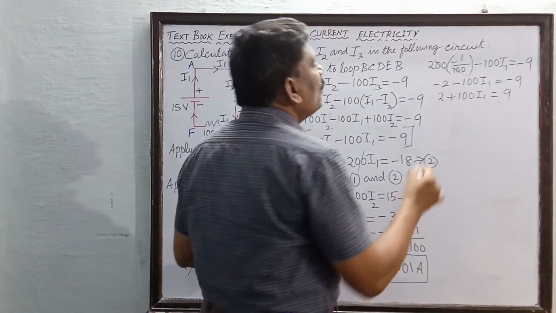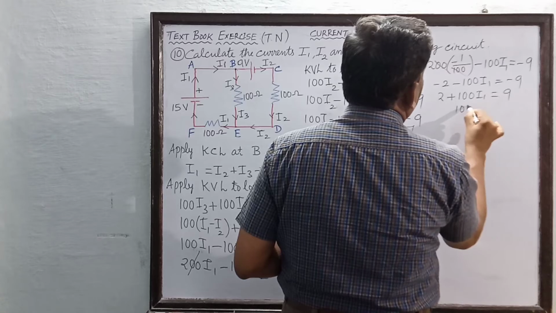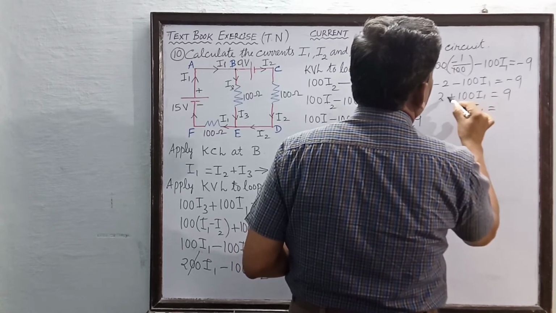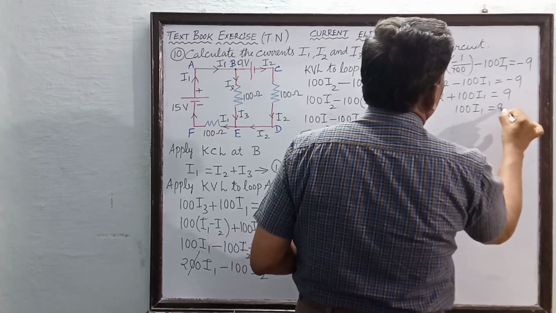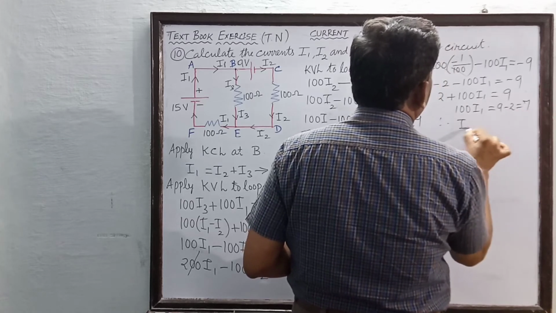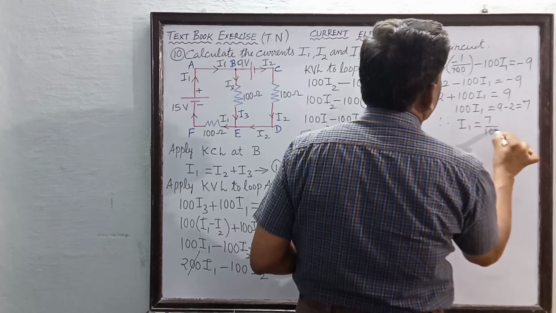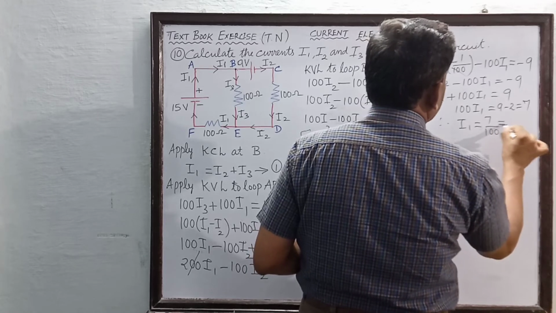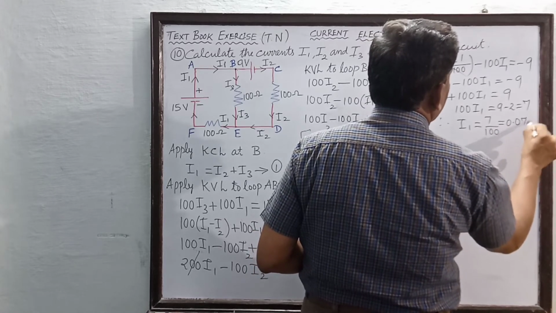Okay. So this 100 I1 is equal to 9 minus 2, that is equal to 7. Therefore I1 is equal to 7 by 100, which is equal to 0.07 ampere.